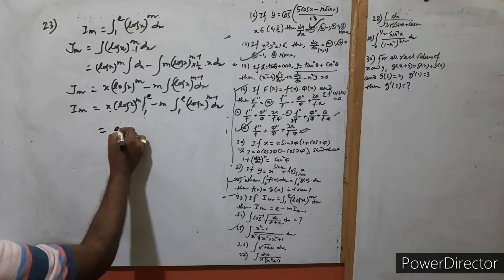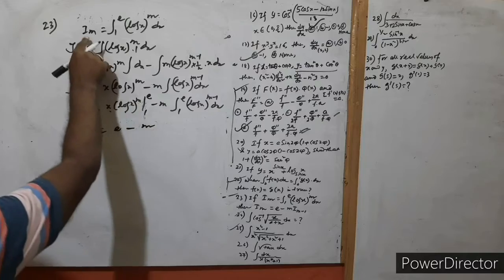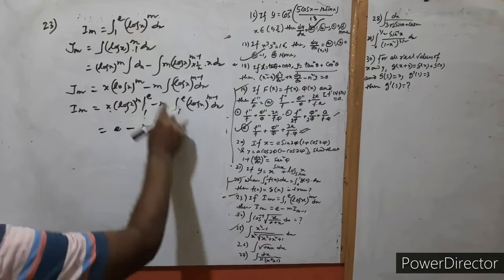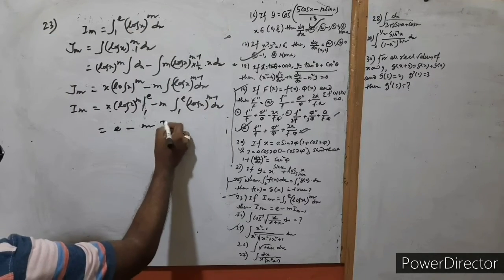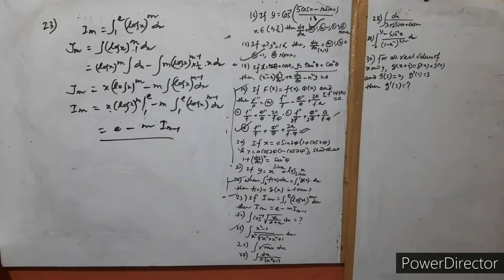If we put in e, log e is 1, so it is 1 and the constant, and the result comes with m times I of m minus 1. So it is proved here.